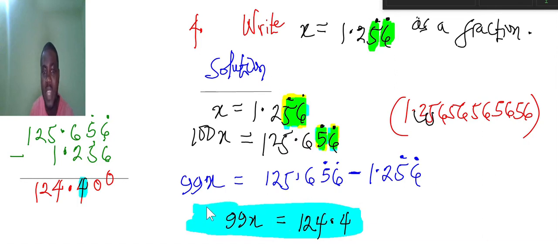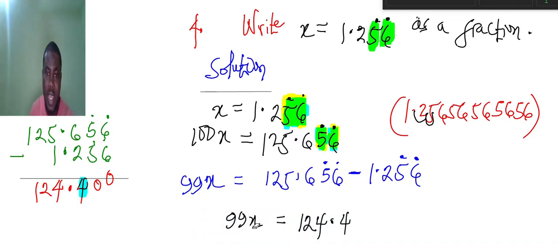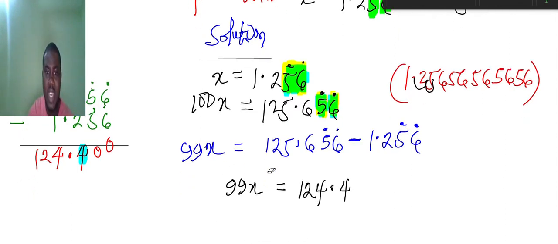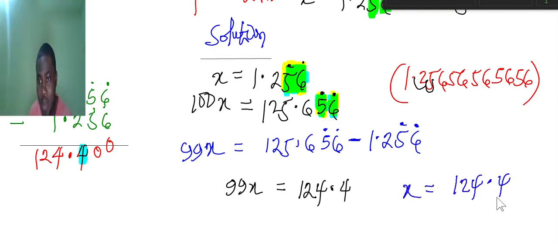But our aim is to convert it to the simplest fraction. So we divide both sides by 99, so that x can come out. But there's a decimal appearing here, so we can still eliminate that decimal. To do that, x is now 124.4 divided by 99.